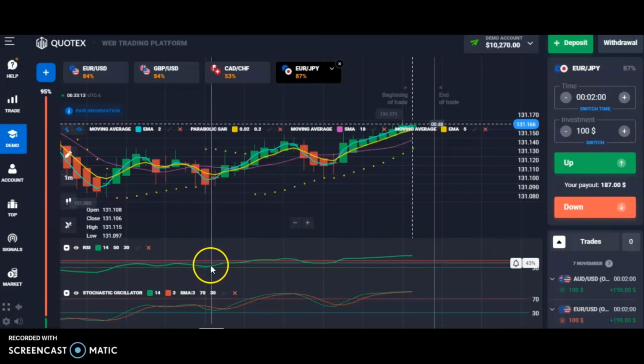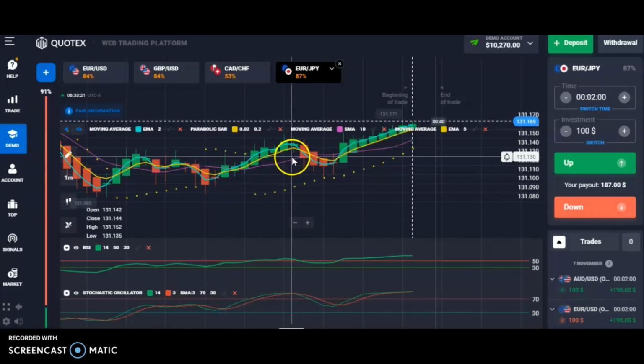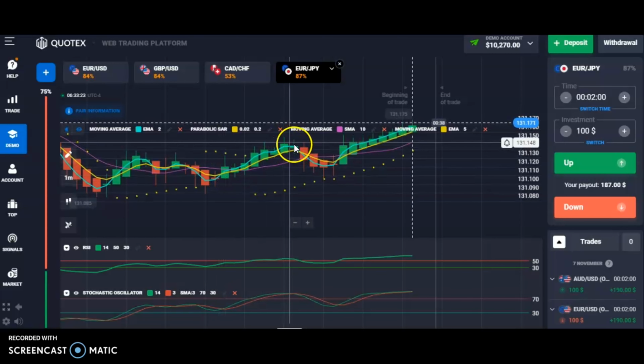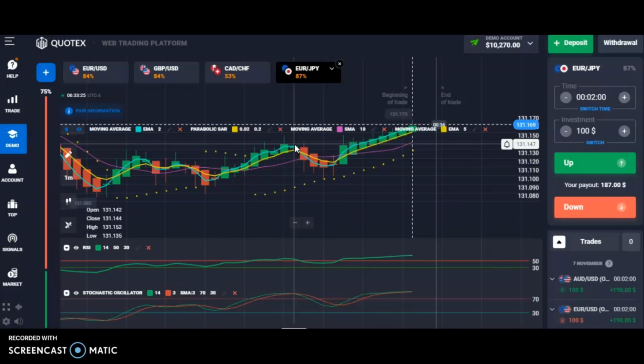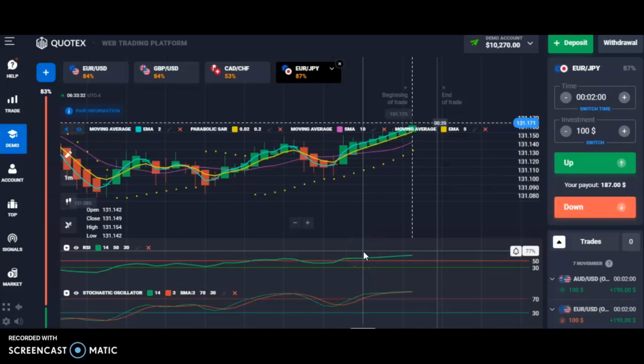Again, so here we are, we're touching the 30, and you see the indecision here, and then of course it goes up. So, here it is, above the 50, and it goes back down. So those are the couple things that you're looking at, guys, when you're trading.